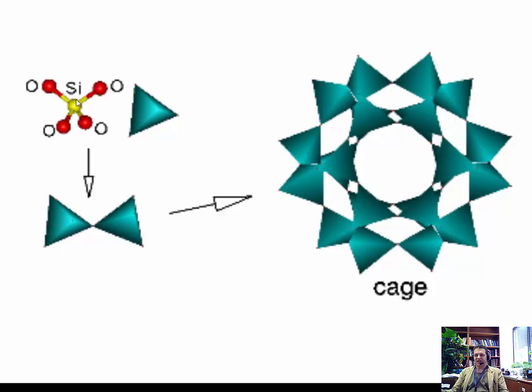So here is your silicate structure, and of course these oxygen atoms are shared then with an aluminate or another silicate, depending on what the structure is. The primary structure is usually described like that, and so maybe you might have two together, or they might be arranged as a cage or a ring or such like.